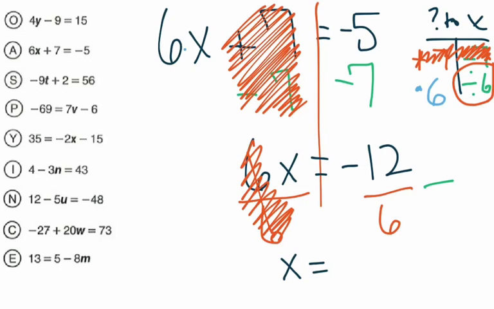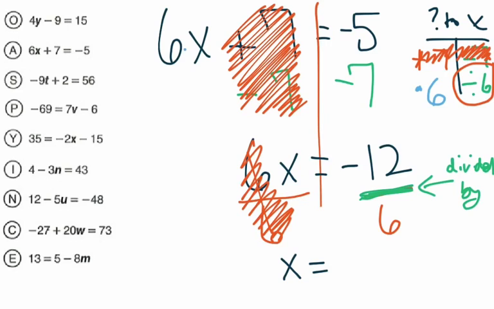Don't forget, this literally says divided by. That's what the fraction bar says. So this reads -12 divided by 6. And when you put that in your calculator, you're always going to put the number on top, the numerator, first.